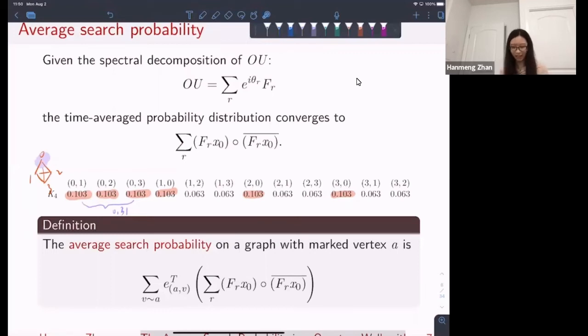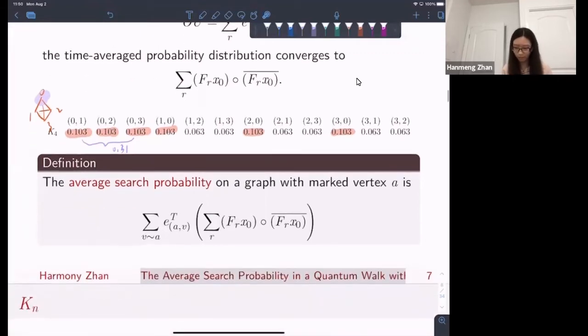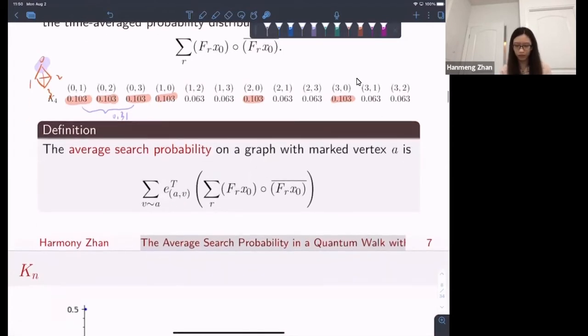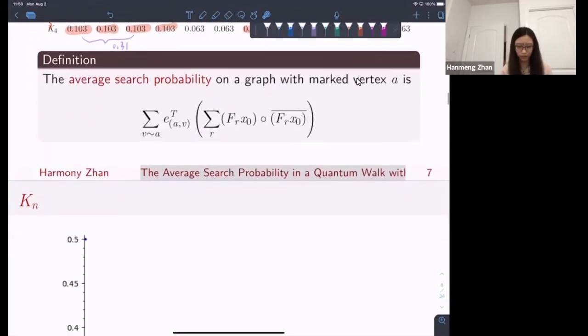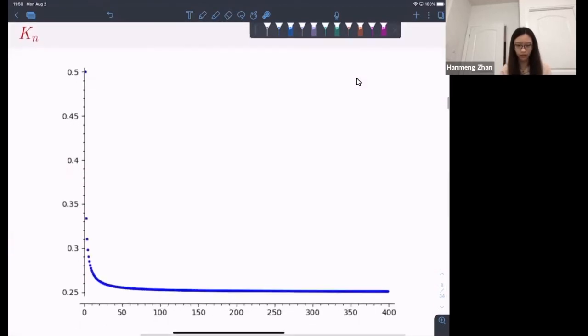But in general, you can look at the corresponding entries, take the sum, and compute this probability very easily using a computer. So let's see what this is when n gets larger. Here is a plot of that probability for K_n.